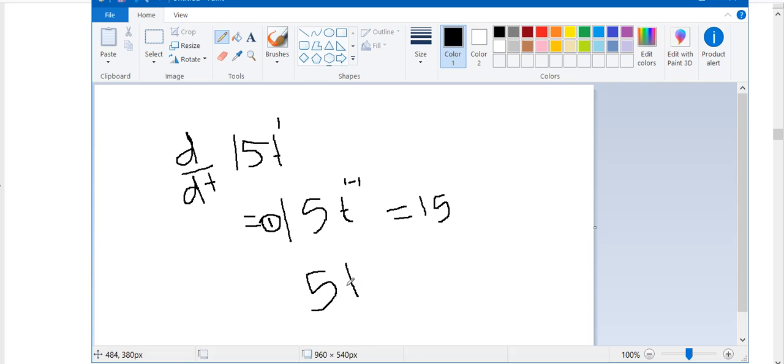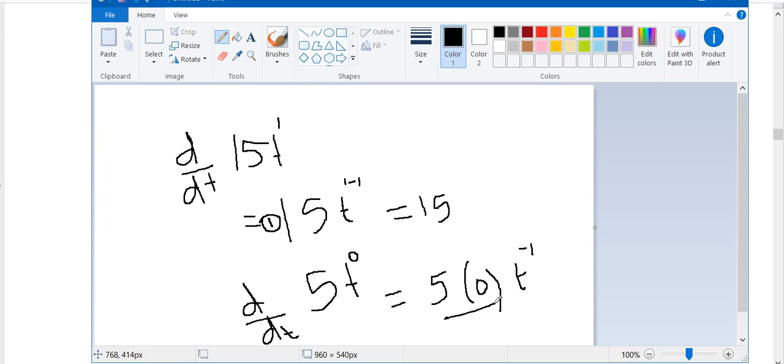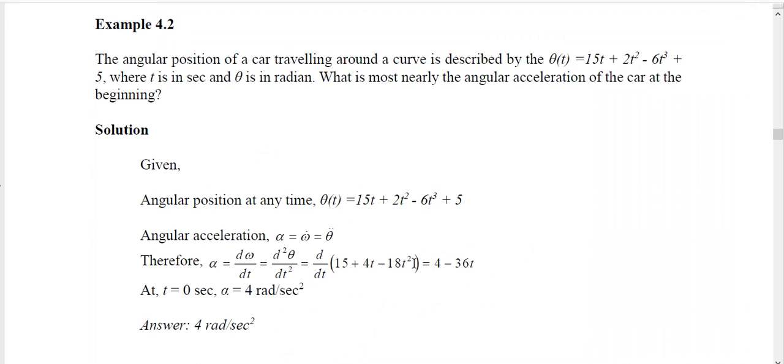If I say t, it was t to the power 0. If I differentiate this, my 5 is here, this 0 will come down and the power will decrease by 1, so 0 to minus 1. As I am multiplying by 0, the whole thing becomes 0. This is why there is 0 here.